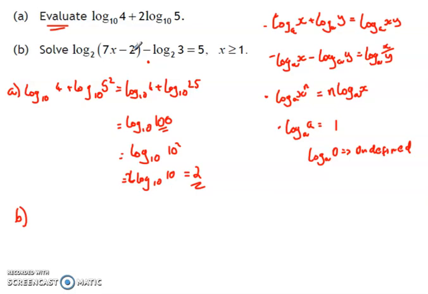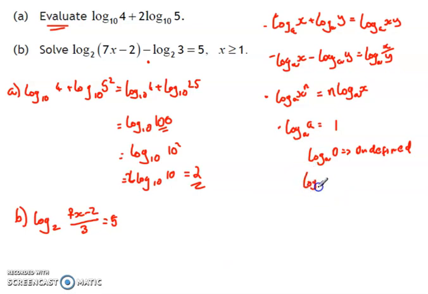We want to get all the x's on one side, all the numbers on the other, and then we can solve it from there. So if I combine these two here, what I'll end up getting is log to the base 2 of 7x minus 2, all over 3. Because I'm subtracting, it's going to be a divide. And that equals 5.